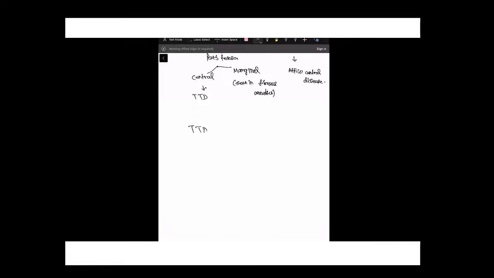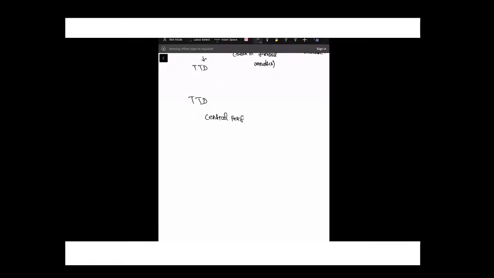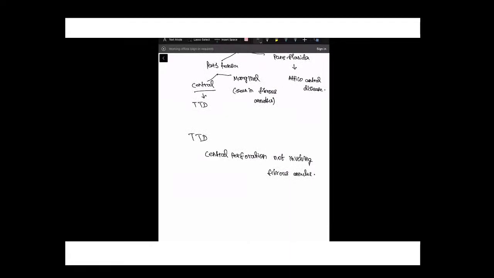Tubo-tympanic disease: central perforation not involving the fibrous annulus, involving the central part of the pars tensa.